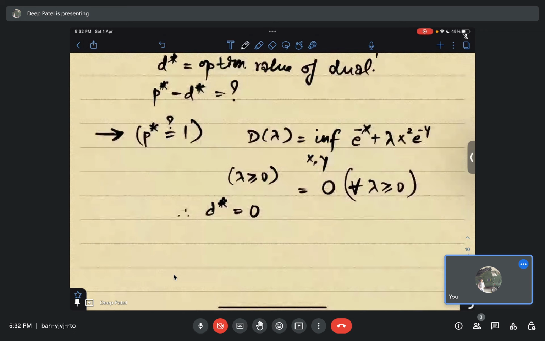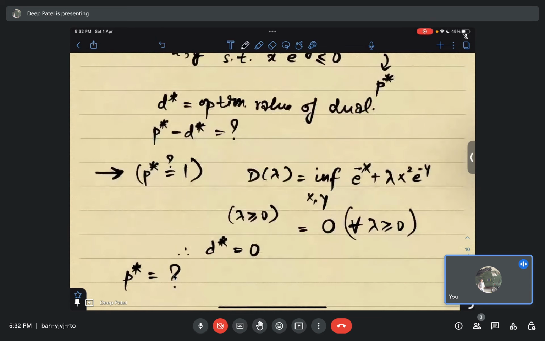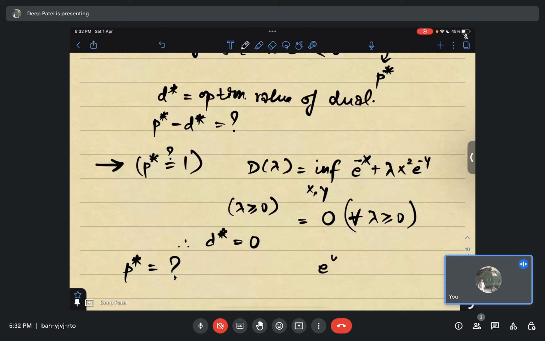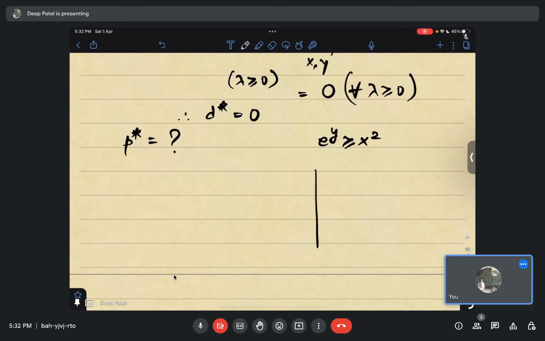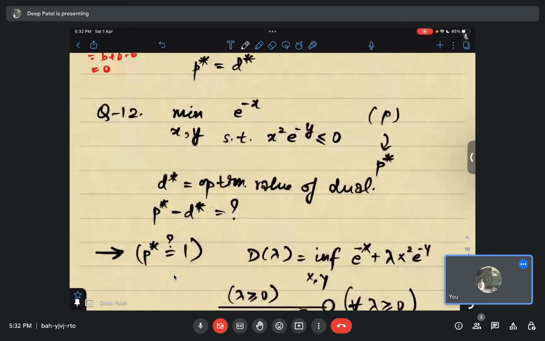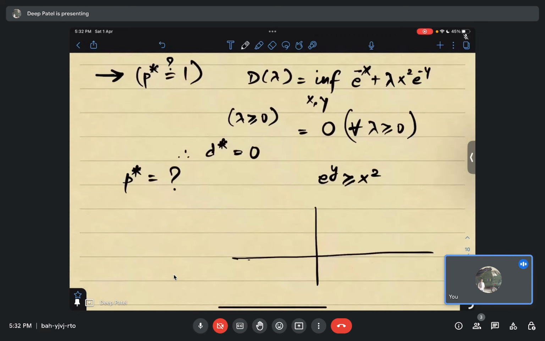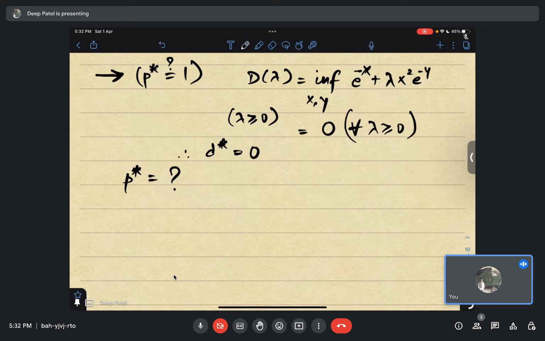So let's come back to p star. What's the constraint? e to the y greater than or equal to x squared. How will that look? Actually, I don't think I can write that here.